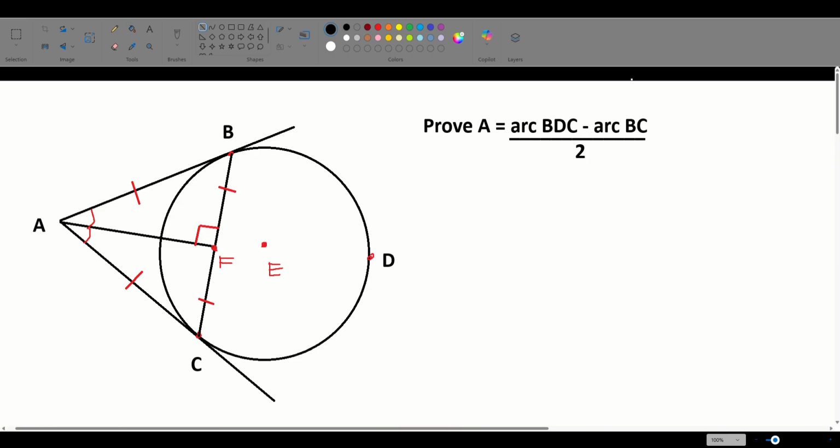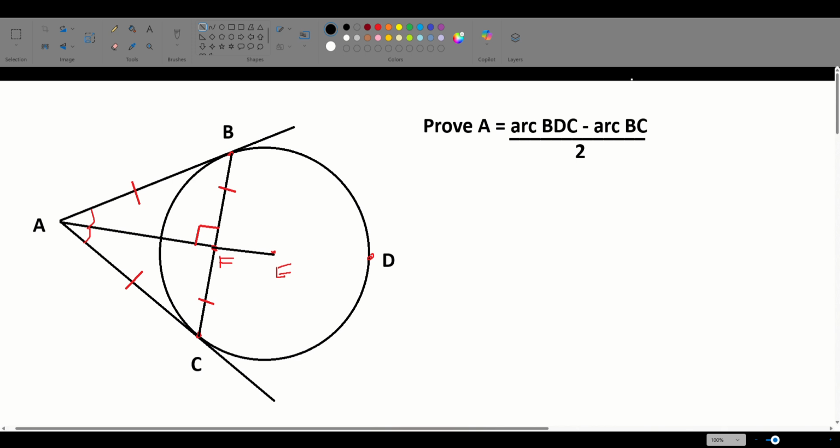Now let us draw the segment EF. Oh wait, sorry, my drawing of center E there is not optimal. There. E. Let us draw the segment EF. Since this segment comes from the center and intersects BC at its midpoint, which means it bisects it, it must also be collinear with AF and perpendicular.